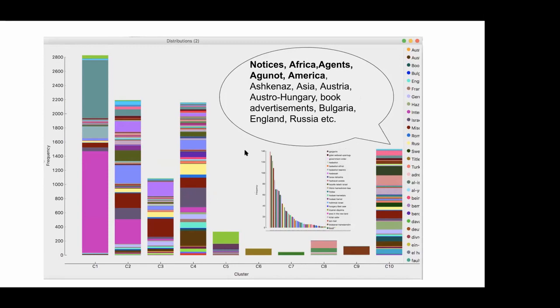So there's something different about the kind of writing that you get on Ashkenaz, for example, which is just another word for Germany, but it's still different. So this is something that requires more exploring, and also knowing a little bit about the scholarship on these newspapers, knowing them before you can really get the results.